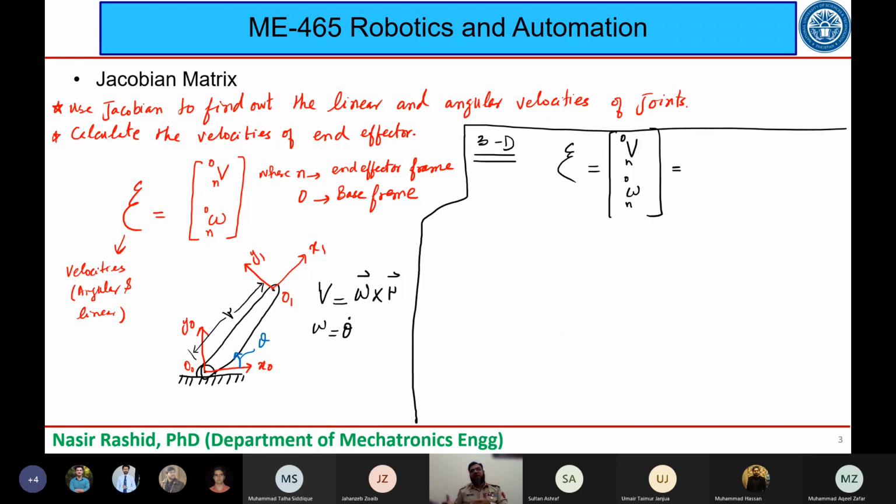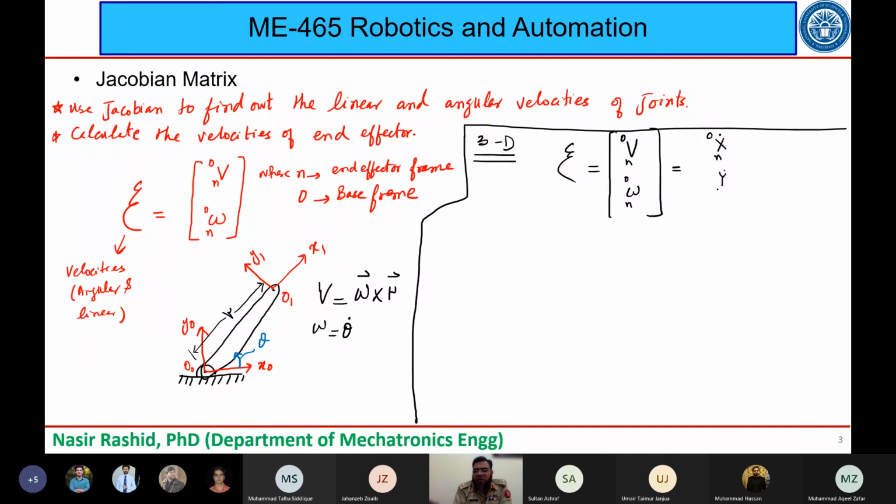So if we have a Cartesian coordinate system, or a Cartesian robot, the robot end effector is going to have its linear velocity in 3 dimensions, which is x, y, z. I can write them down like this. So this part v, which is the linear velocity, we can write down as the change in x direction, which is x dot of the end effector n with respect to 0.